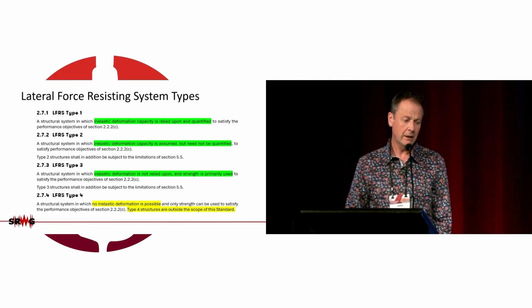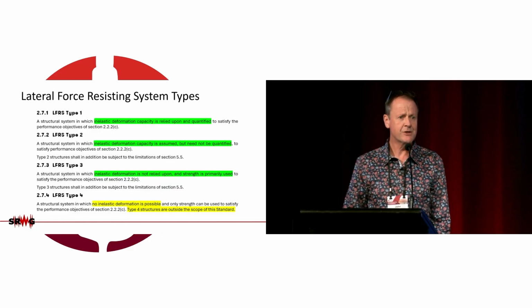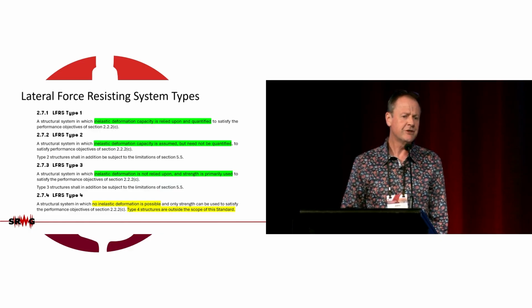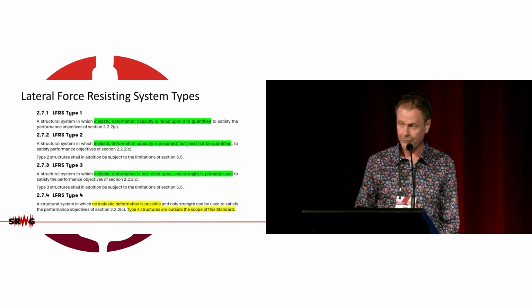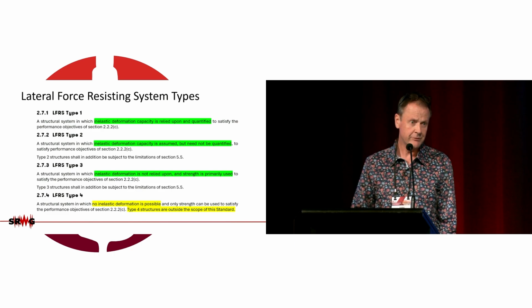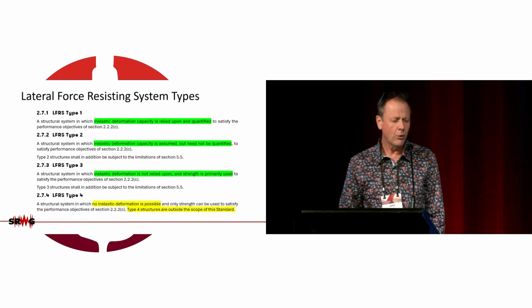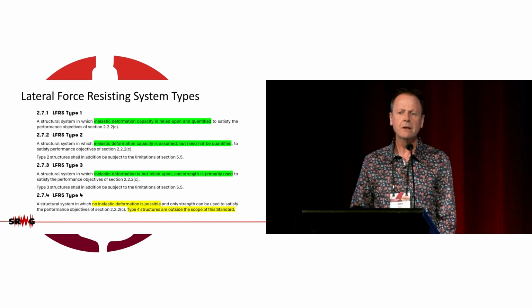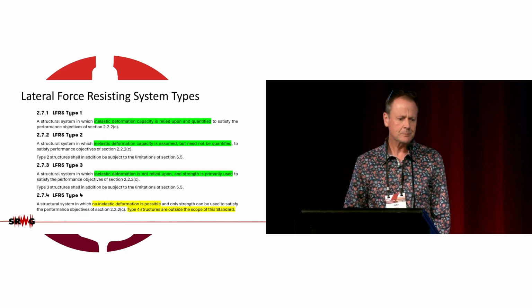It's very similar to the sort of mu of 1.25 type structures we all think of now, but there'll be some further requirements potentially where we use those, and further limitations on their use, which may come through the seismic design category. Finally, type 4, which is the brittle structures, and once again, exactly as previously, they are outside the scope of the standard.